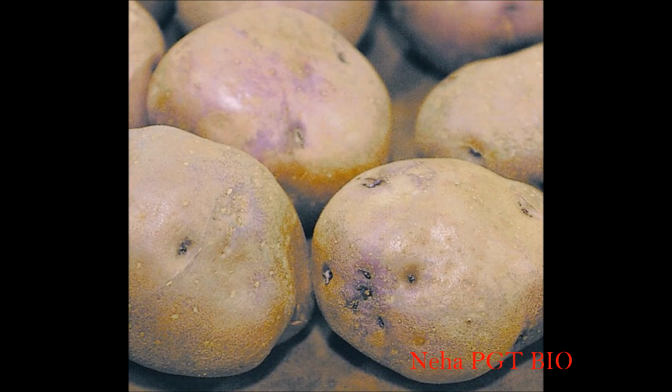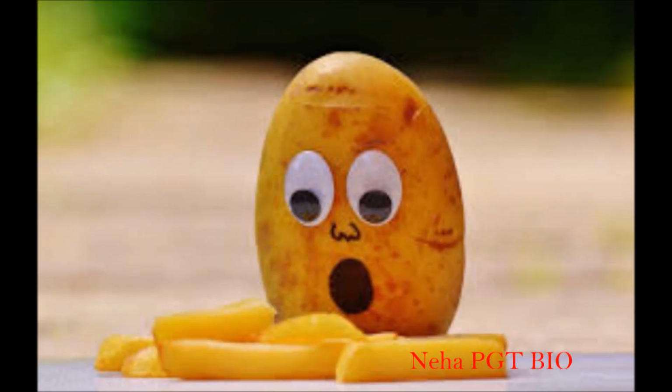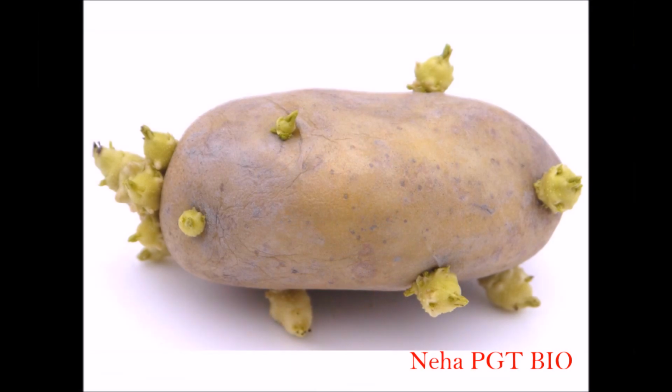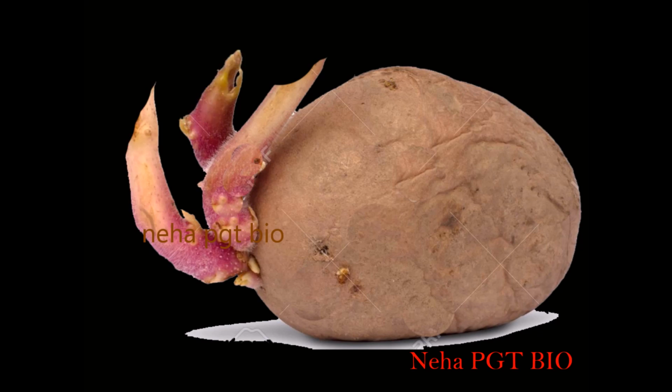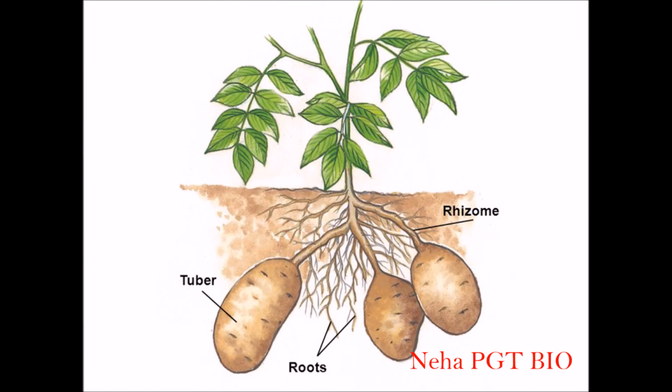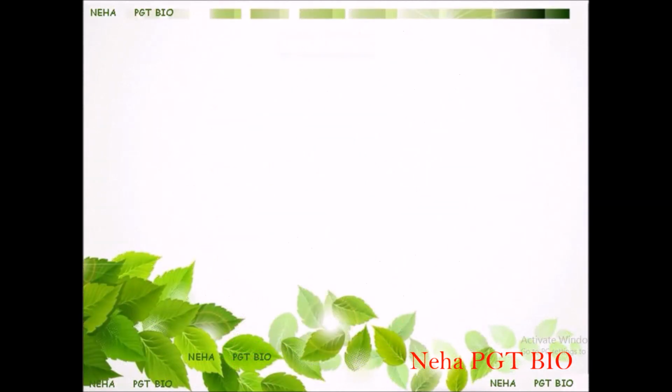This eye is actually a node. When we leave a potato for some days, we can see a very tiny yellow colored structure growing from the stem. This actually is a new plant. Tuber is also an example where a new plant is developed from stem.